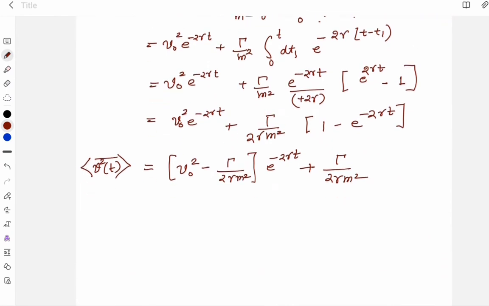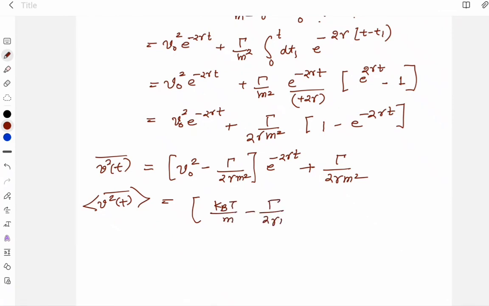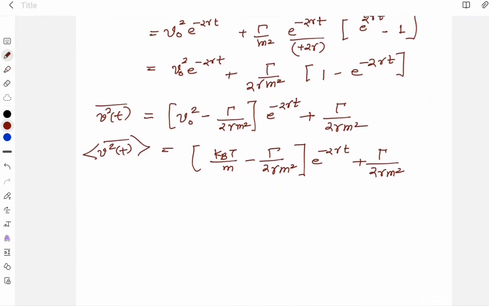Okay, not the whole average, it is the average over all realizations of the noise. But if you do the average over all initial conditions, then this v0 square will be kBT by m, minus gamma over 2 gamma m square, e to the power minus 2 gamma t, plus gamma over 2 gamma m square, right?